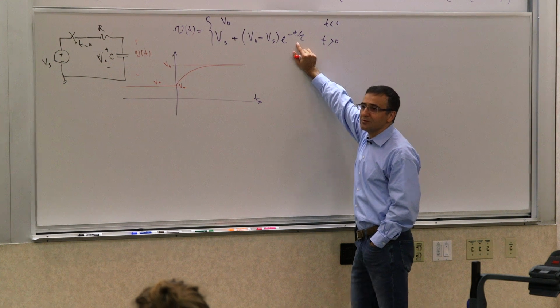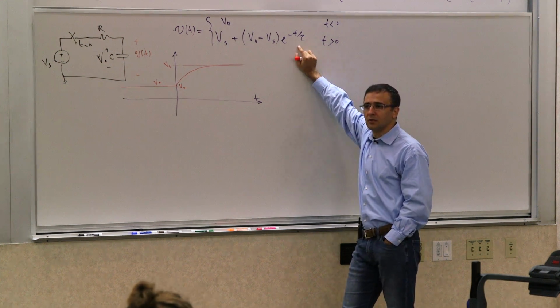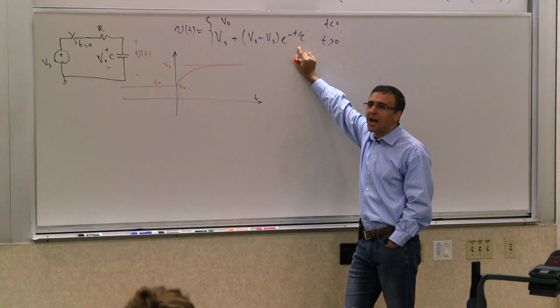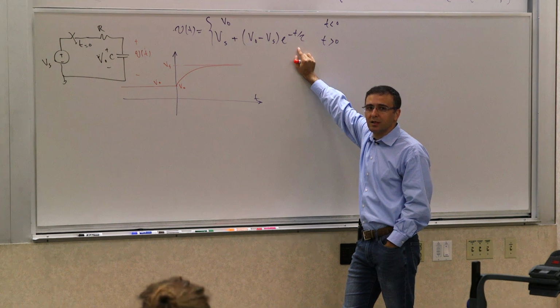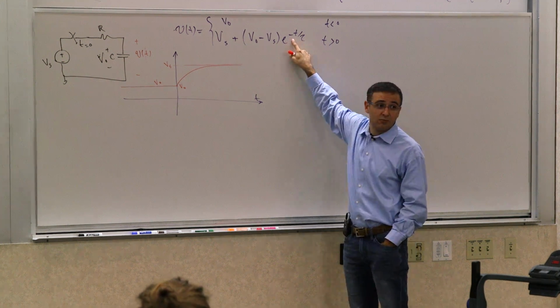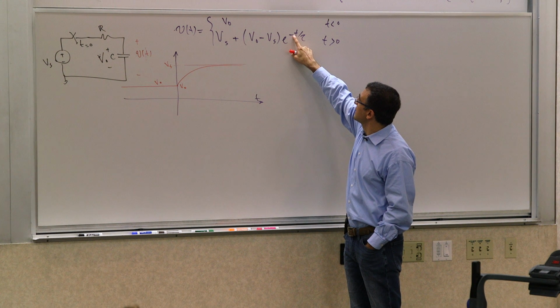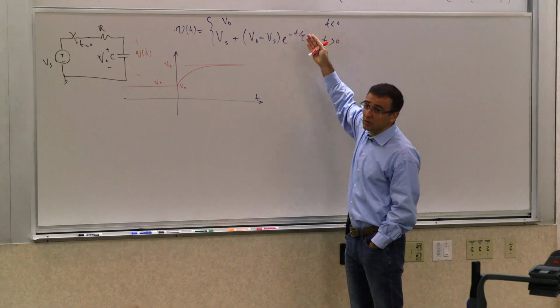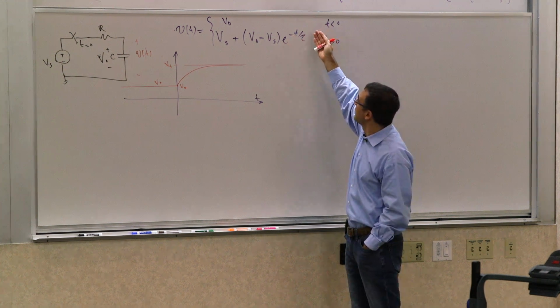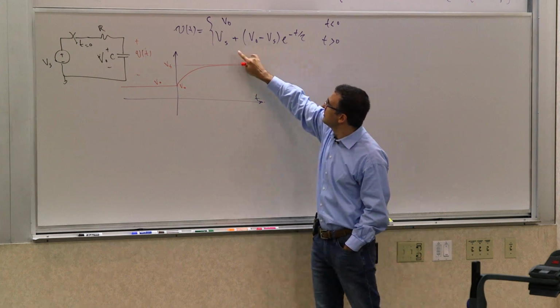See what happens if t becomes very large. What is e to the negative t over tau if t goes to infinity? 0, because it's a negative, right? So it's an exponential with the negative of a large number. So it's 0. So this becomes 0. So you'll get to Vs.